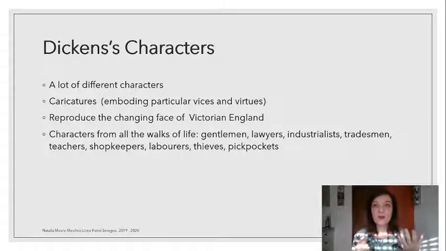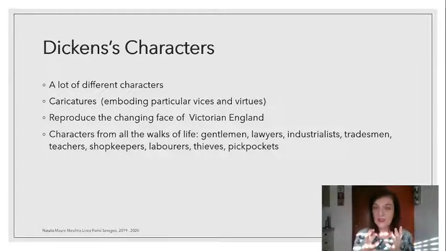They're generous, for example, or they're greedy. They're talkative or they are completely silent. They have exaggerated characteristics. And his characters, I want to repeat it because it is really important, belong to all walks of life.